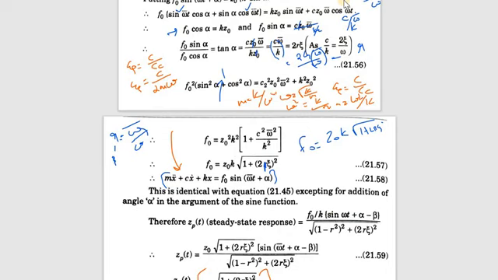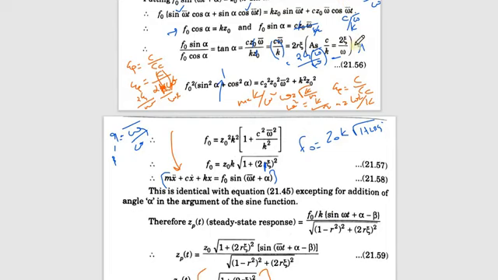Instead of m I am writing k by omega square. So omega will cancel and go to the numerator. Here I have C, and k is there. So C by k is equal to 2 theta by omega. That is how this has been written.